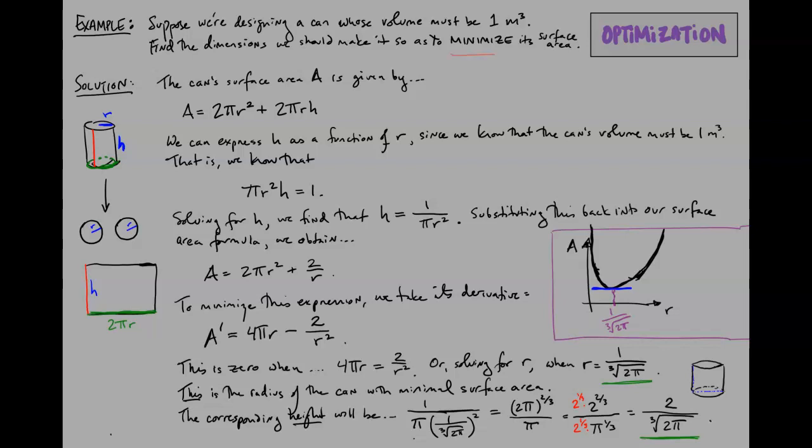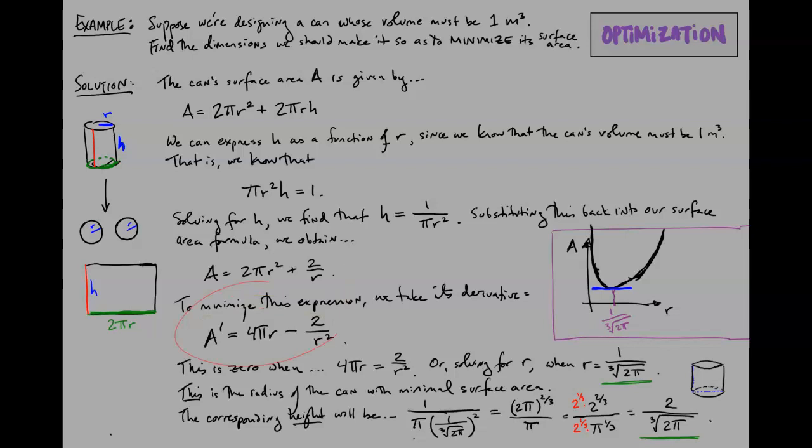Moral of the story, we were trying to minimize surface area, so after screwing around with the problem, we came up with an expression for surface area. We had one variable too many. We were able to eliminate one of those variables by using this constraint we had on the volume. When we eliminated h, we ended up with area as a function of radius. So to minimize area, we wanted to see where the derivative of this thing was equal to 0.